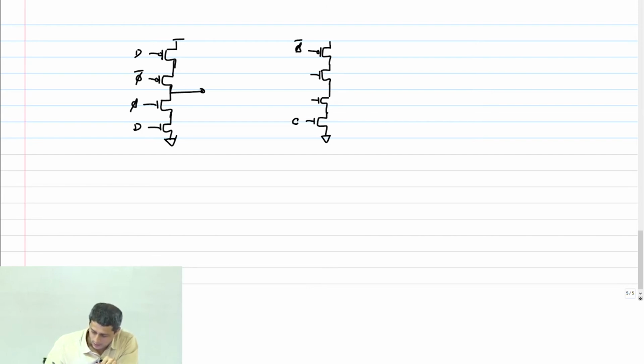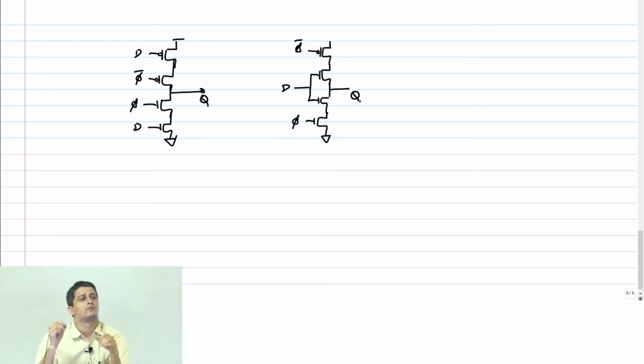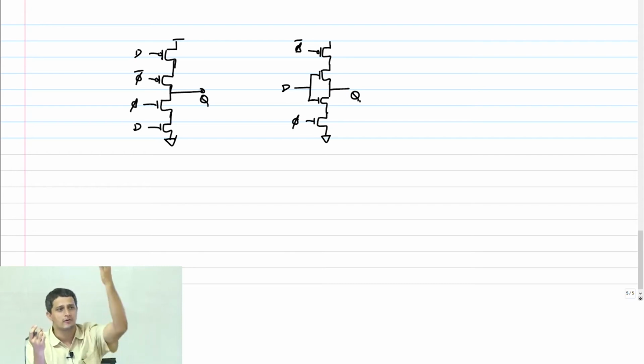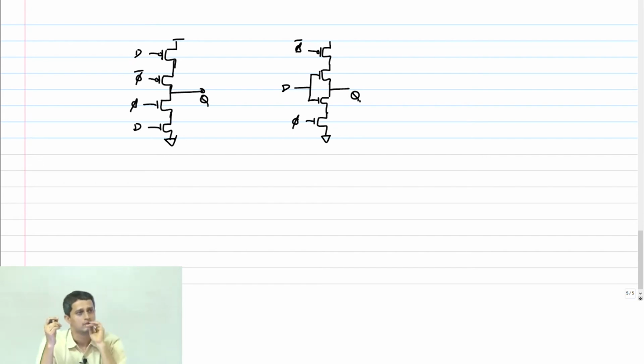Phi bar, phi, and then this I will call as D. Logically, these two are the same, right? When phi becomes 1, both of them act like an inverter. When phi is 0, both of them don't provide a path to either VDD or ground, thereby tri-stating the output Q. Q will be in high impedance state. But are these two equivalent otherwise?